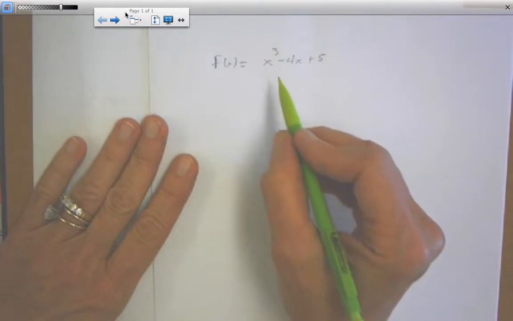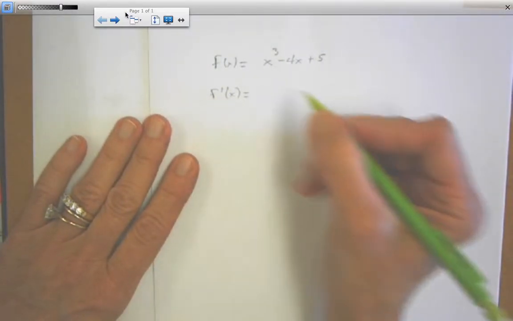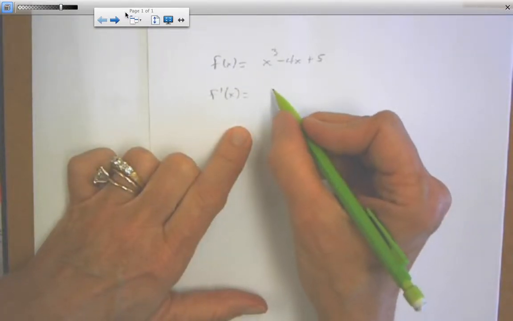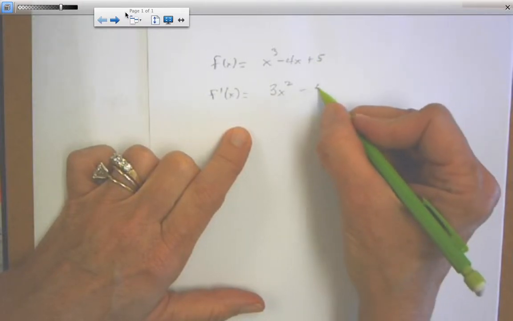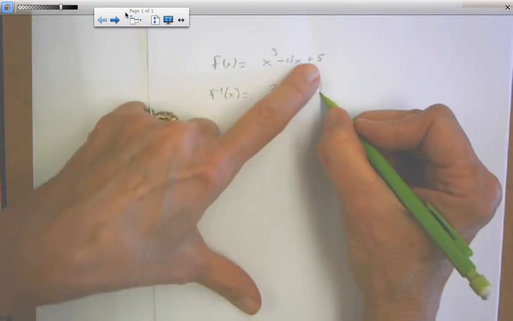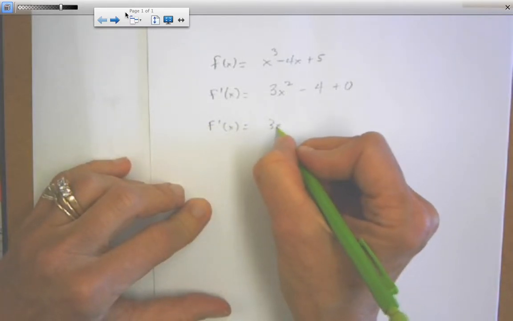I don't have to separate it. I can just go and take the derivative of each piece. So I'm going to use the power rule here. So that's 3x squared minus 4, and the derivative of a constant is 0. So the derivative is 3x squared minus 4.